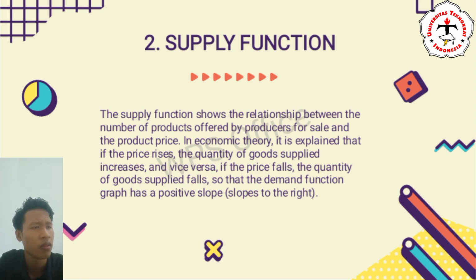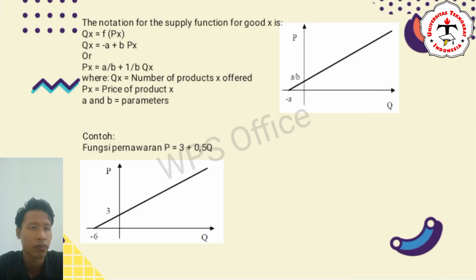If the price falls, the quantity of goods supplied falls, so the supply function graph has a positive slope. The notation for the supply function for good x is Qx equals f(Px), Qx equals minus a plus b Px, or Px equals a or b.